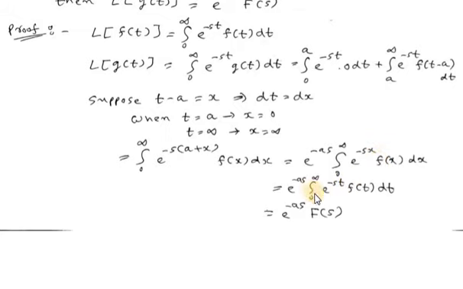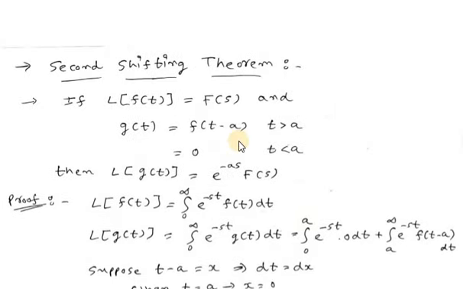So it will become integration from 0 to infinity e raised to minus st f(t) dt, that is nothing but Laplace of f(t), and Laplace of f(t) is F(s). So we have Laplace of g(t) equal to e raised to minus as into F(s). This is the second shifting theorem.